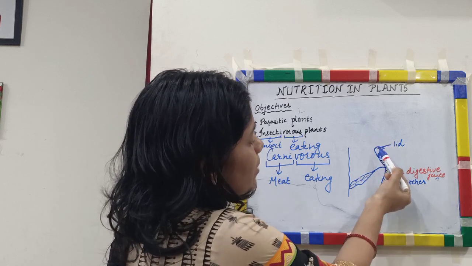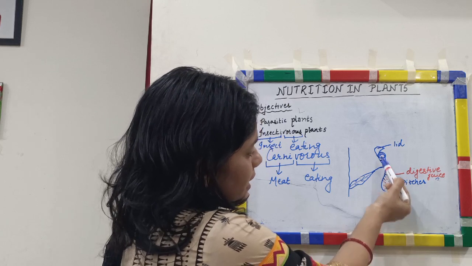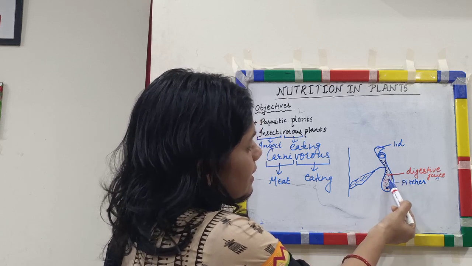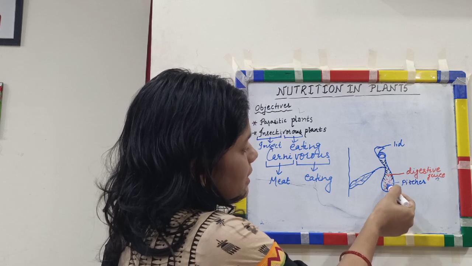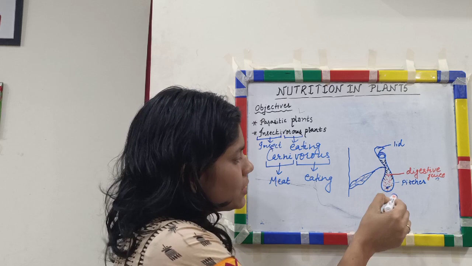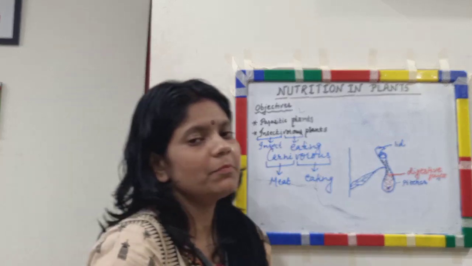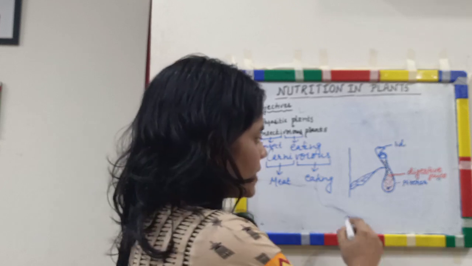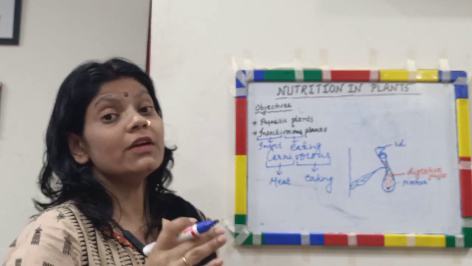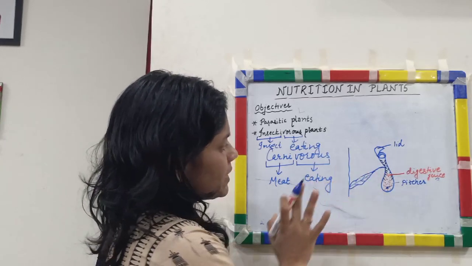And when it wants to come out, it gets entangled in the hair that is present inside, and it is broken down with the help of digestive juices, and the nutrients present inside the body of the insect are absorbed by the plant. And what is a pitcher? Basically, a pitcher is nothing but a modified leaf. So this topic is clear to you.